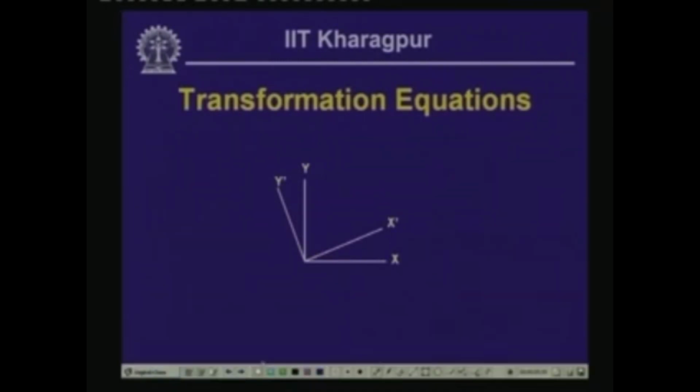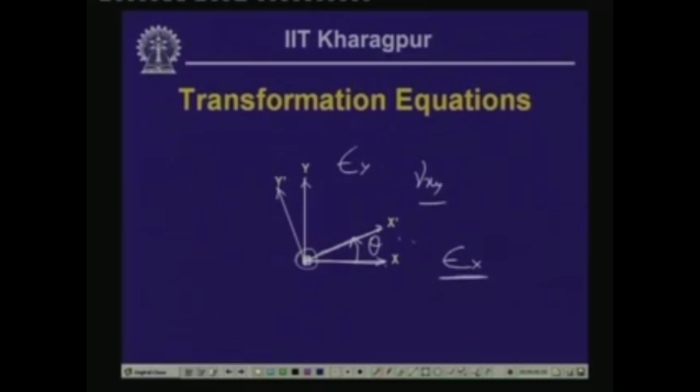As I have told already, at a particular point, if we are interested to evaluate the strain in terms of the strains which are known in the x direction, y direction and the shearing strain, that is epsilon x, epsilon y and gamma xy, then at this particular point, if we like to evaluate the strain with reference to another axis system which is oriented at an angle of theta with reference to the x axis, let us say this is x dashed and y dashed axis, then what will be the state of strain at this particular point?